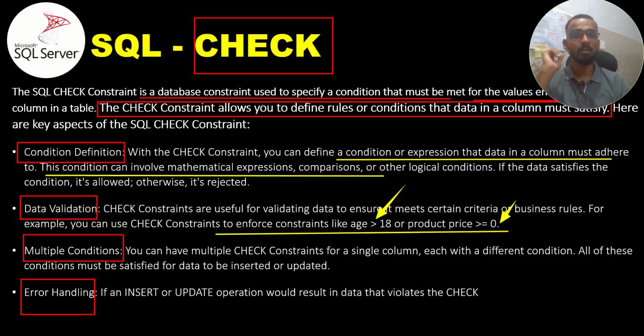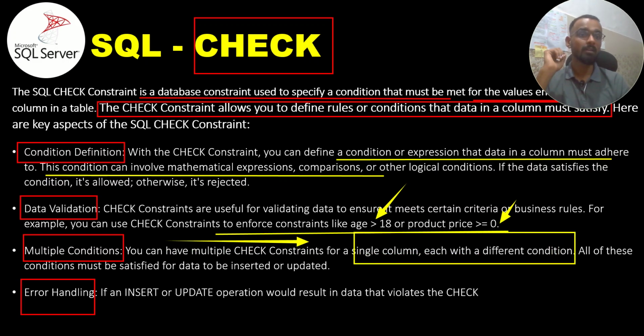The multiple condition, as we have already told, read over here, we can use multiple conditions. The same thing is written: we can have multiple check constraints for a single column with different conditions. I will show you in the RDBMS also, basically SQL Server.